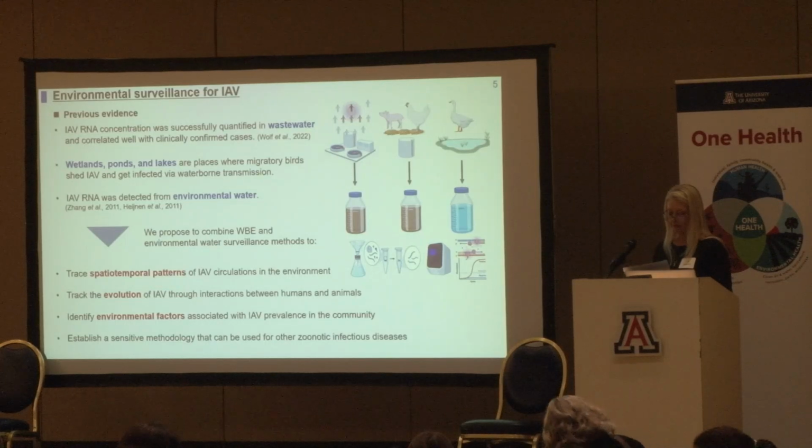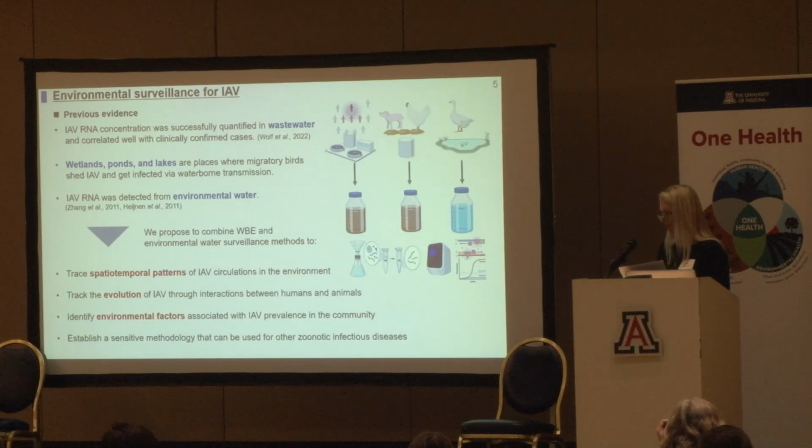So environmental surveillance for IAV is expected to be possible, and by performing this type of surveillance together with WBE and environmental water surveillance, we expect to gain insights into spatiotemporal patterns of influenza A virus in the environment and the evolution of these viruses in both human and animal populations, and to also understand the environmental factors associated with influenza A virus prevalence in the community.